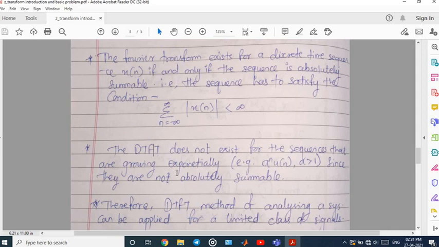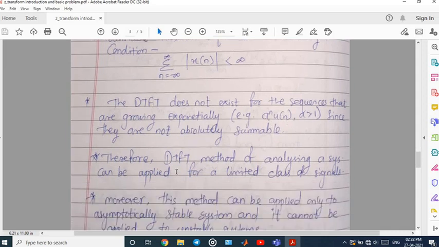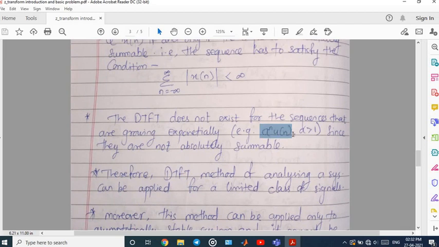Exponentially growing means it is growing continuously, it is not decaying. For example, signals like a to the power n u of n with a greater than 1 will go to infinity. It will not be finite since they are not absolutely summable. These kinds of sequences are not summable. That is the reason why the DTFT will not exist for them.